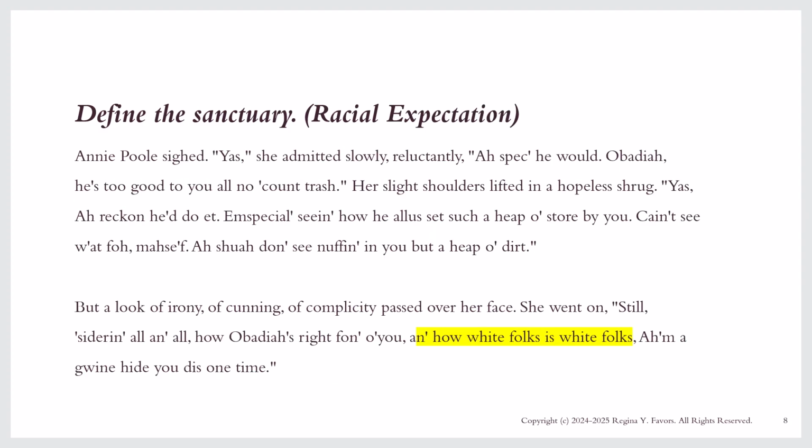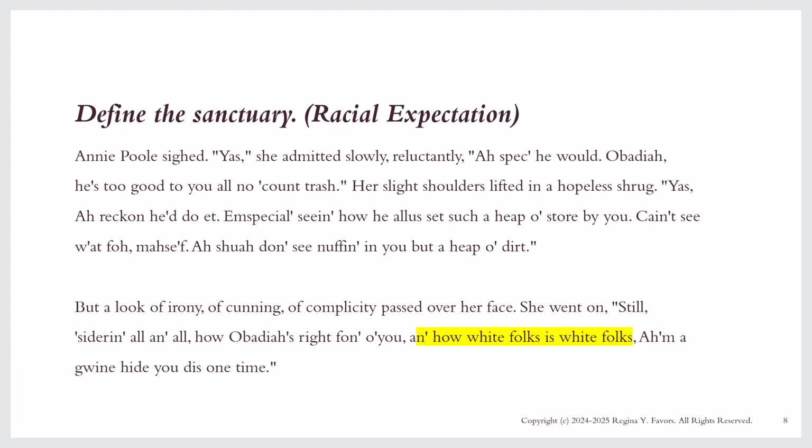Define the sanctuary racial expectations. So Annie Poole said, "Yes," she admitted slowly, reluctantly. "I expect he would. Obadiah, he's too good to you all no count trash." Her slight shoulders lifted in a hopeless shrug. "Yes, I reckon he do it. Him special seeing how he allowed such a heap store by you.